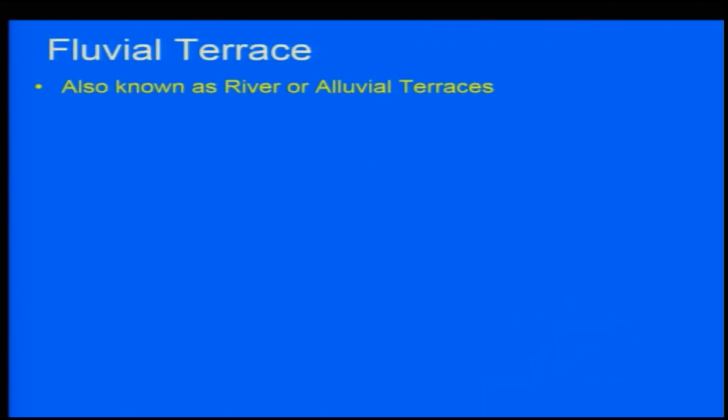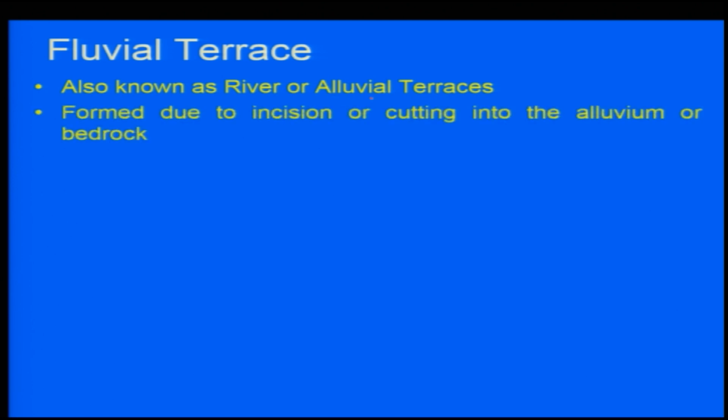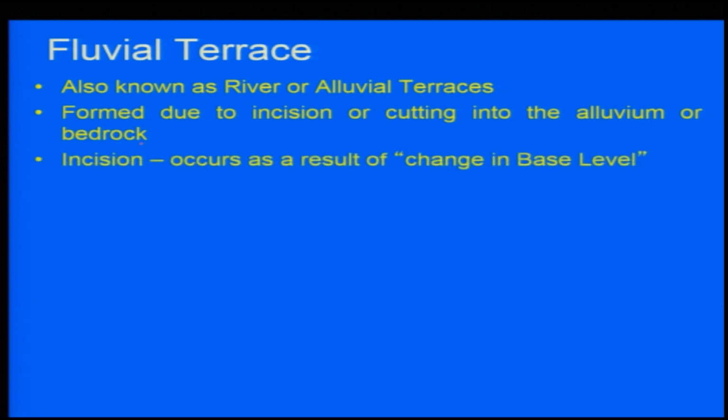Now, fluvial terraces, also known as river or alluvial terraces, because they are comprised of loose material, made up of gravel to clay size particles, are formed due to incision or cutting into the alluvium or bedrock. Incision occurs as a result of change in base level.